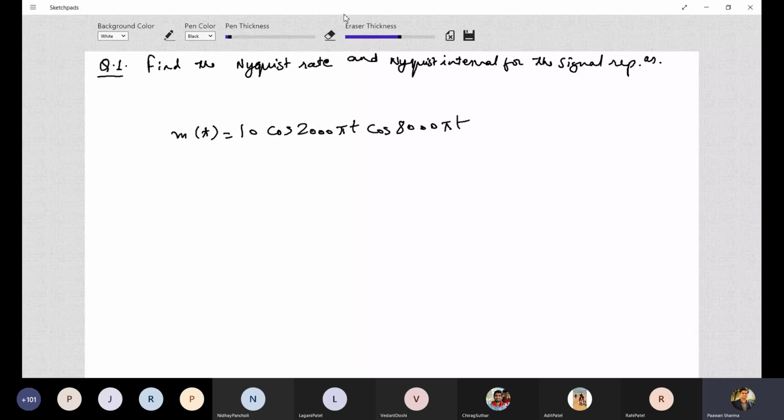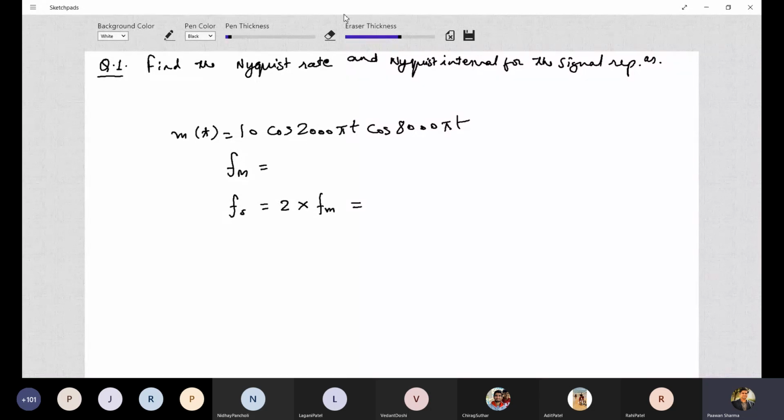Let's have 1 minute of time; you can quickly find out. So first is the maximum frequency, how much it is coming, and then the sampling rate, which is twice fm.